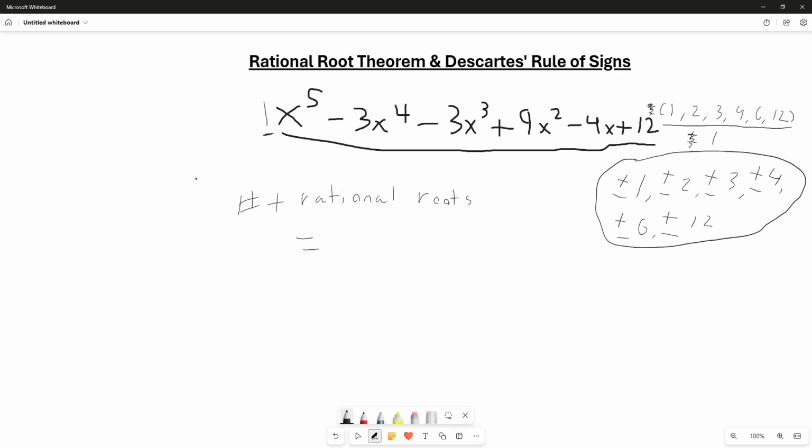So we know this is plus. So 1 doesn't change, so this is 1 change right here. Here it changes again, 2. Here it changes again, 3. Here it changes again, 4.